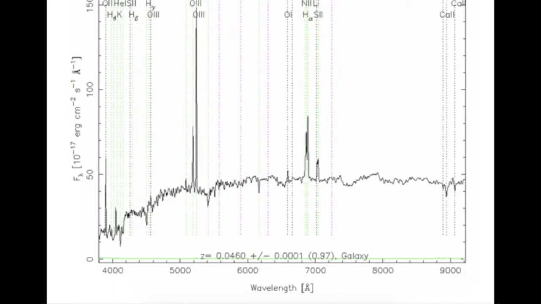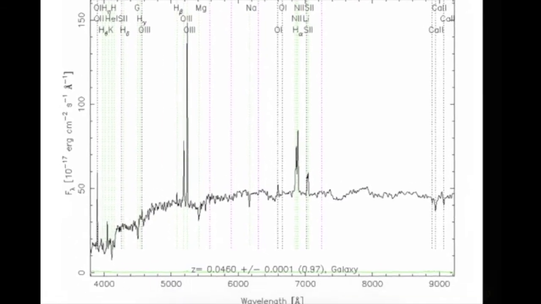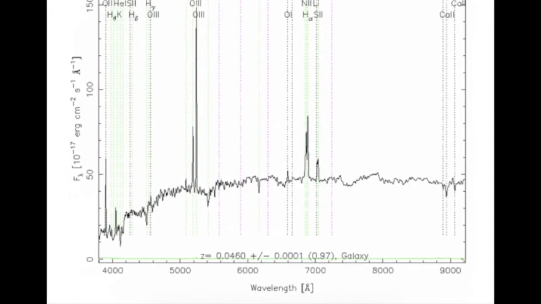What you see here is the spectra of one of the nearby galaxies. The galaxy position is written over there, and some other numbers which are not of importance for us. This is measured by the SDSS, Sloan Digital Sky Survey. This is a part of those measurements.